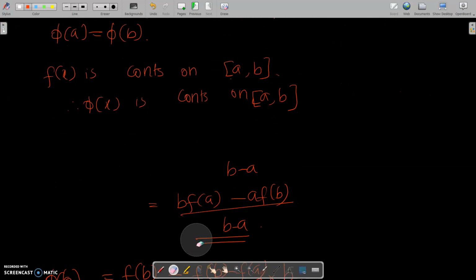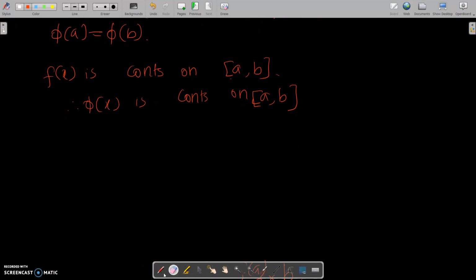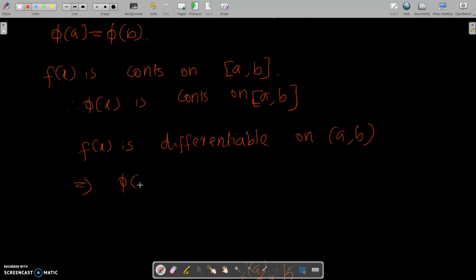Also, f of x is differentiable on the open interval (a, b). From the definition itself we can easily say that phi of x is always differentiable.